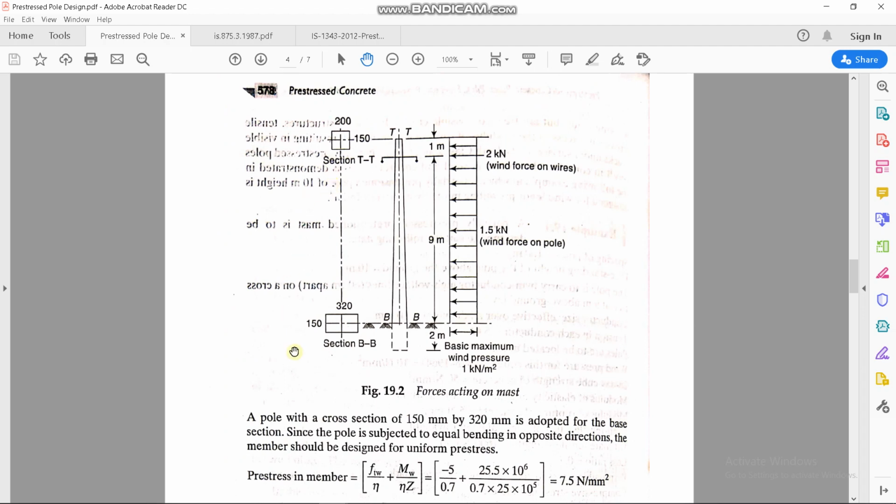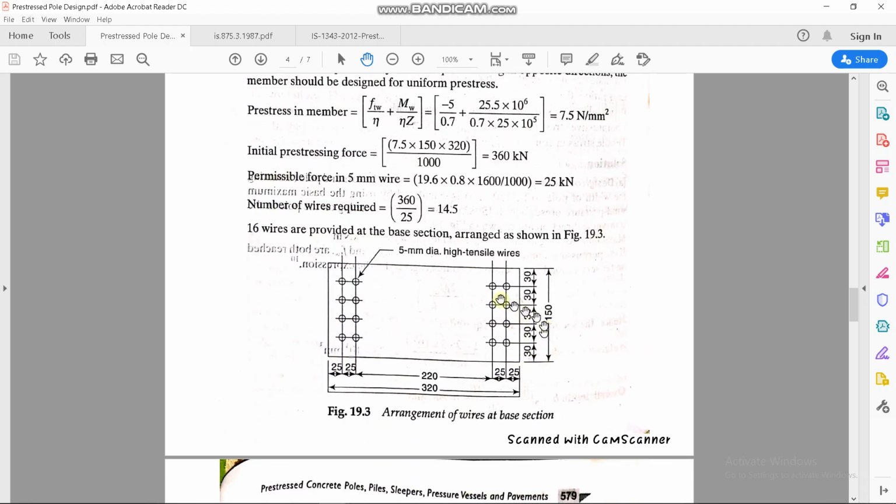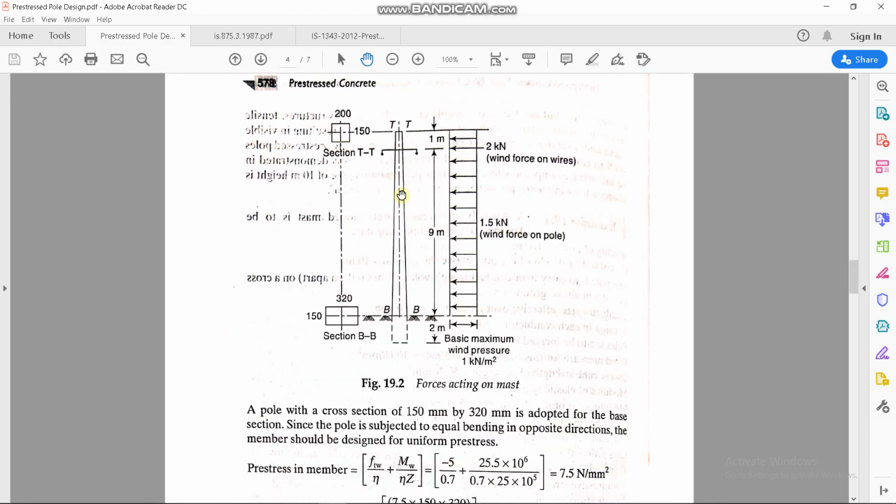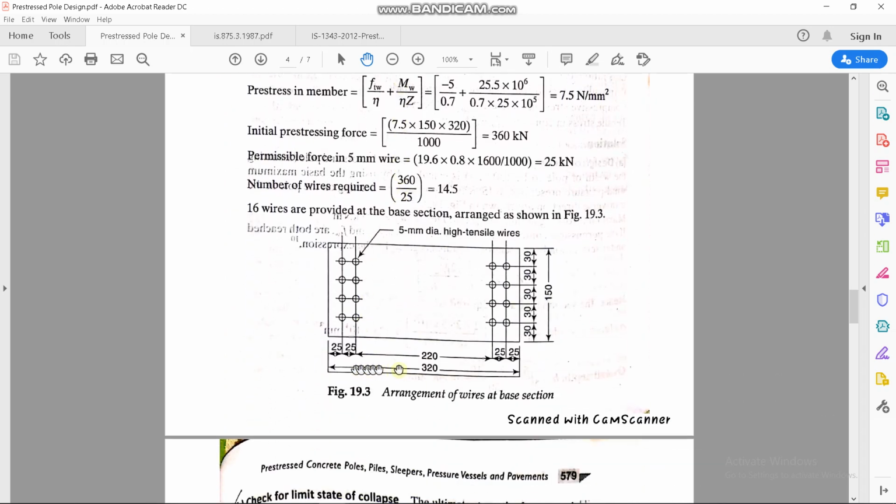On each face you have 8 wires, so simply 8 into 19.6, you have 156.8. fp is 1600, and simply substitute the values. 150, and this depth 282.5 is the effective depth that has been considered, keeping in mind that you have a total depth of 320 and wires on one side.